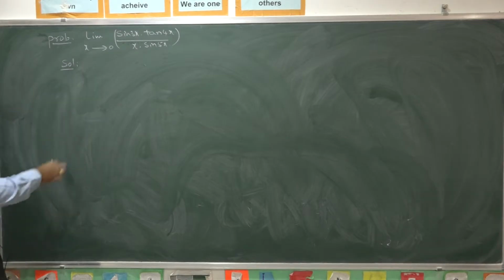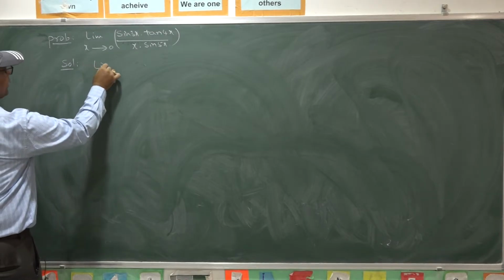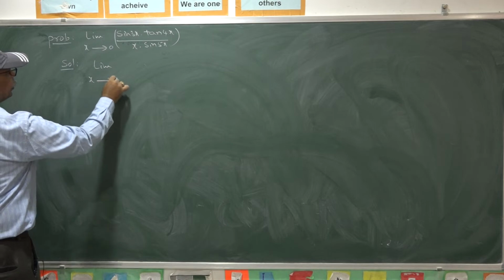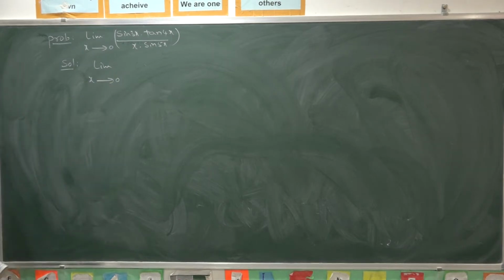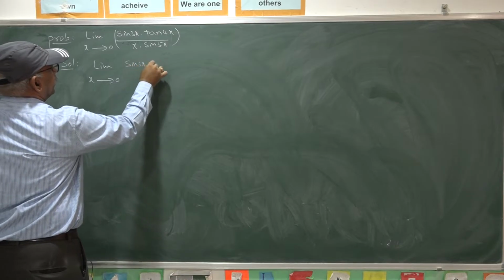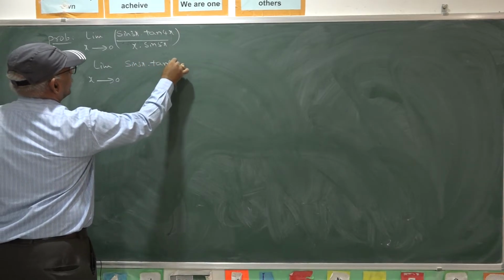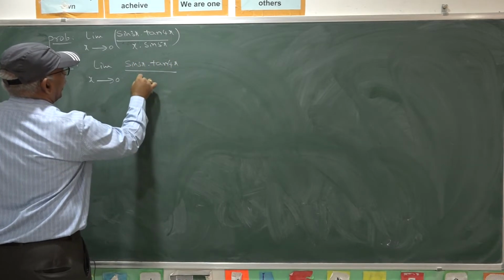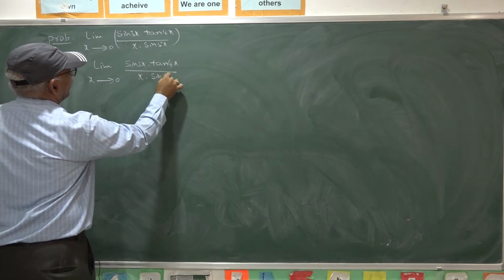Coming to the solution of this limit, as x goes to 0, sin 3x tan 4x by x sin 5x equals.